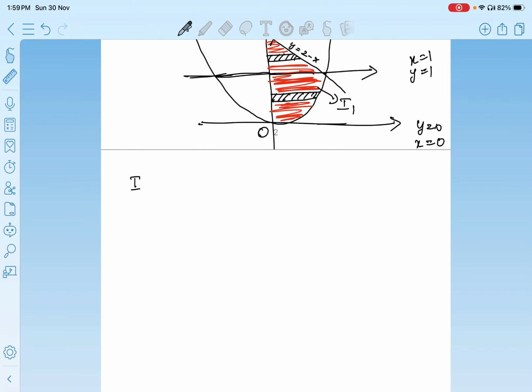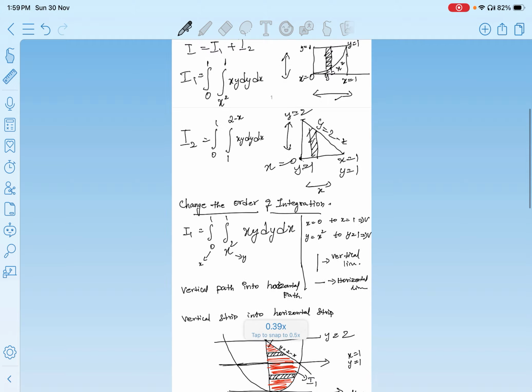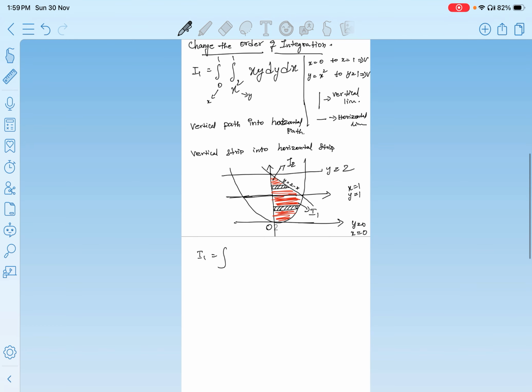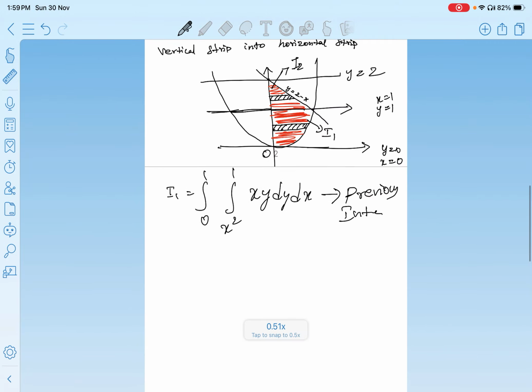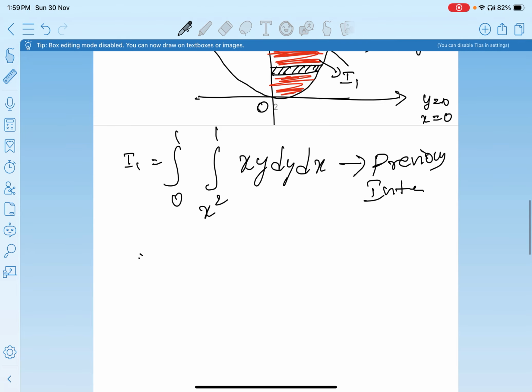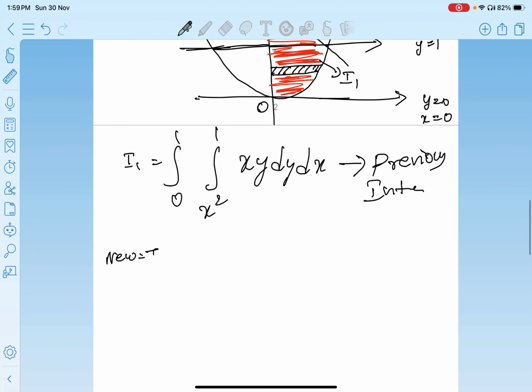So let us see first now. In the previous I1, what we have: integral 0 to 1, integral x square to 1, xy dy dx. This is your previous integration. Now, after changing the strips and lines, we are going to find the new integration limits. So first, where is the x?